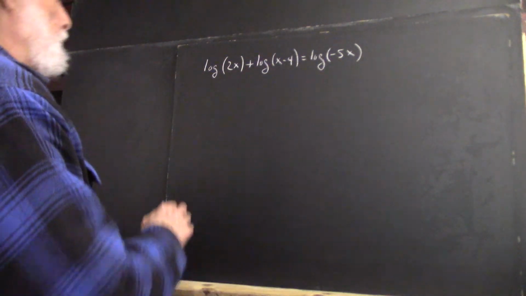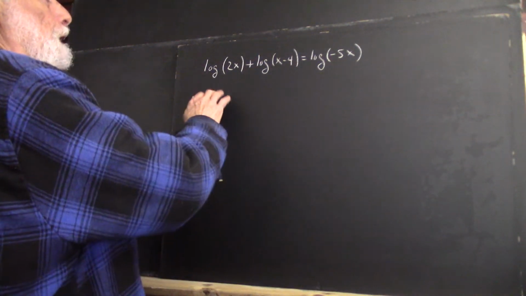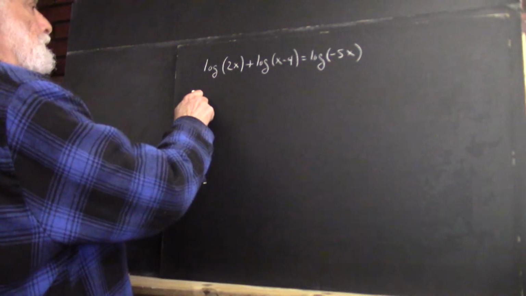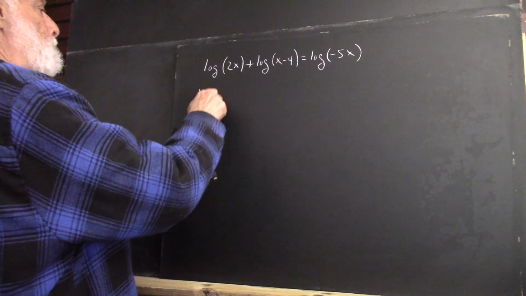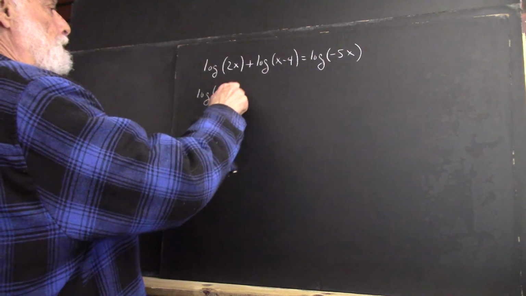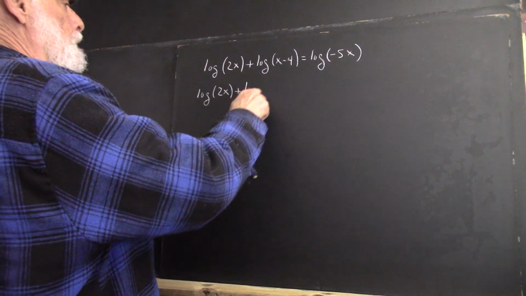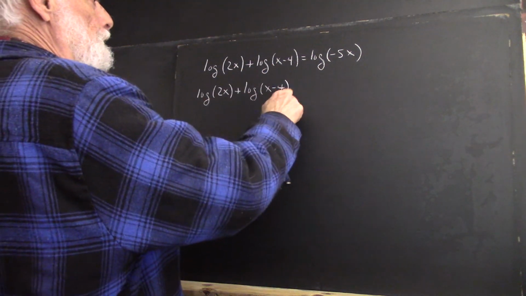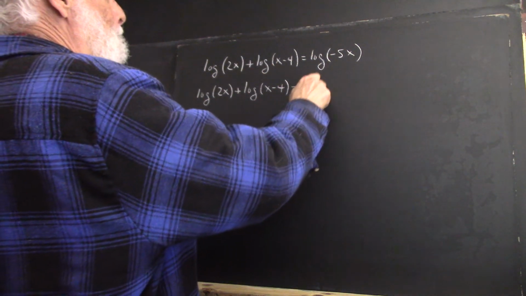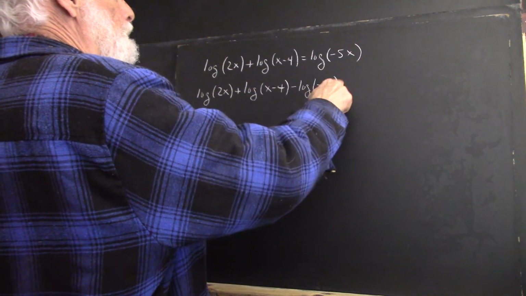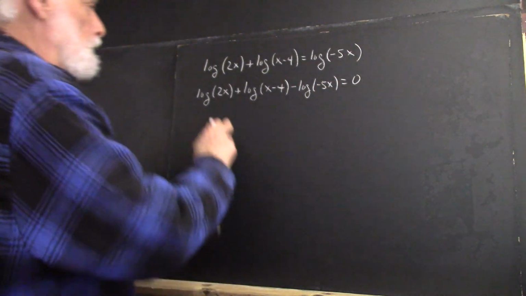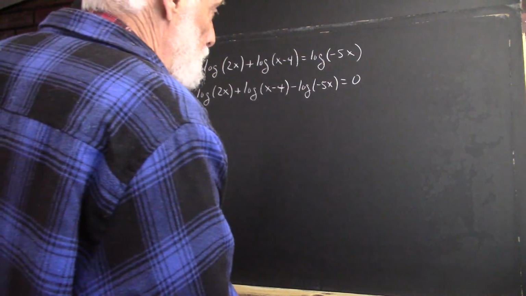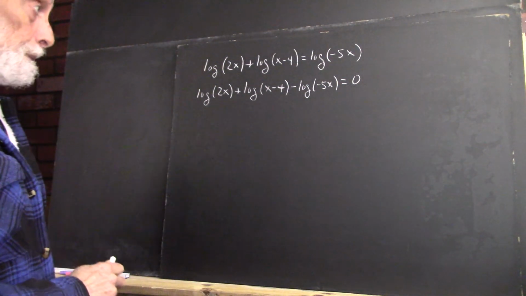Okay? Okay, so if we combine what we have over here, well, we can write this as log of 2x. We could combine these right away, but let's just write it out this way. Log of 2x plus a log of x minus 4 minus a log of negative 5x equals 0.